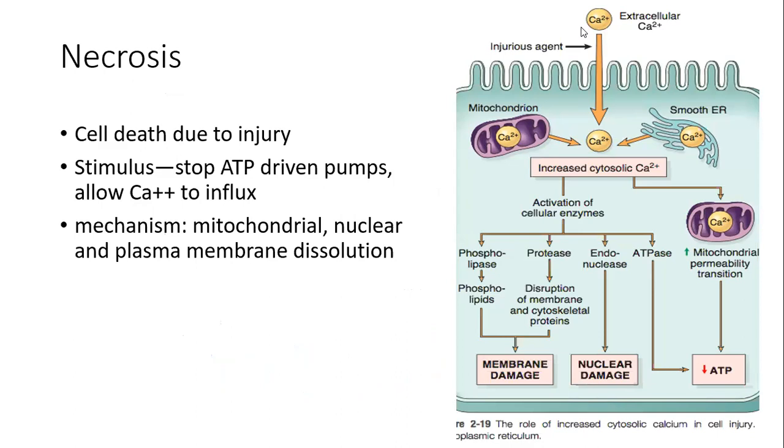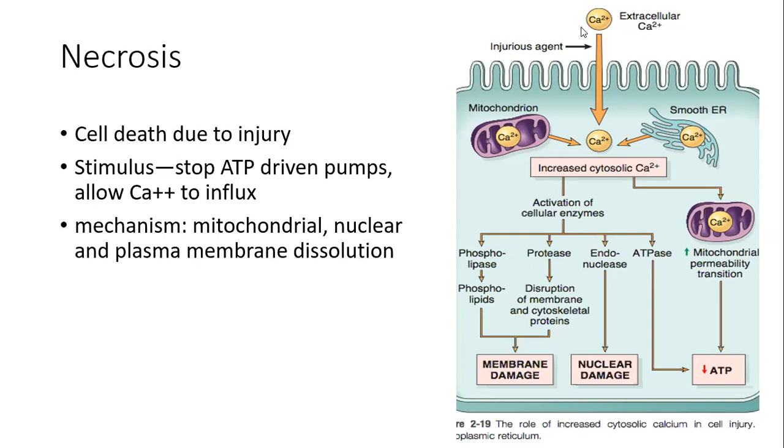On the other hand, we have necrosis, where there is surrounding cell damage. That is cell death due to injury. The ATP-driven pumps are stopped, which allows calcium to rush into the cell. The mitochondria, nuclear, and plasma membranes dissolve at that point.